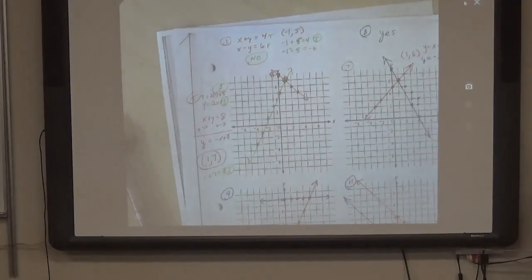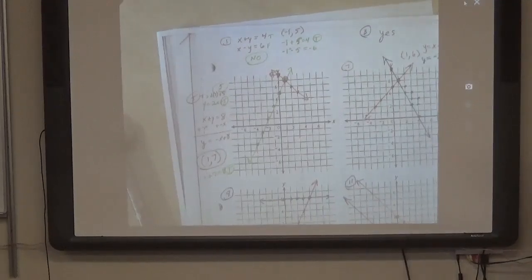Does it work for the first equation? For the first equation, tell us why. Two times what? What's the x number? That's given in the point.